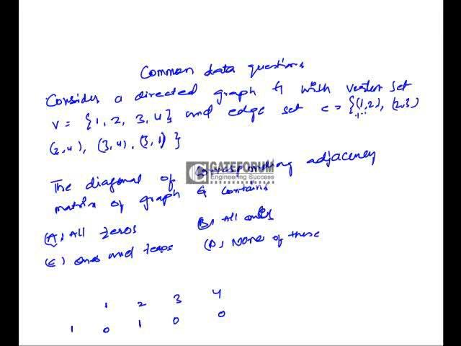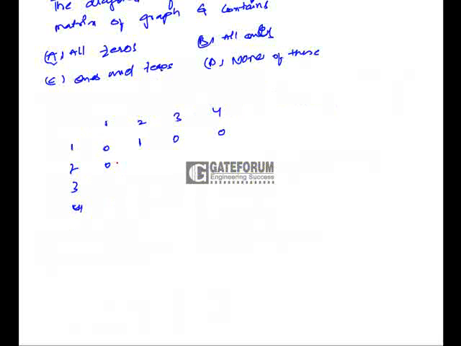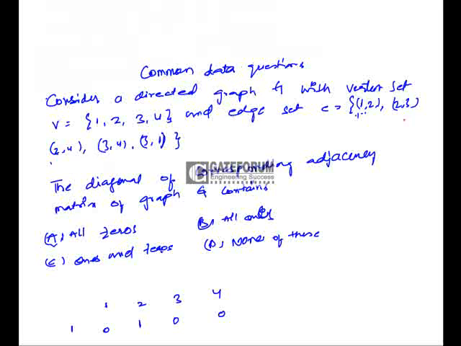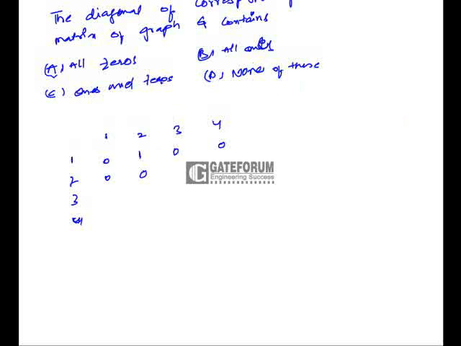So this entry would be 0. Is there an edge between 2 to 2? There is no edge. And there is an edge between 2 to 3, so this is 1. And 2 to 4 also, this is 1.